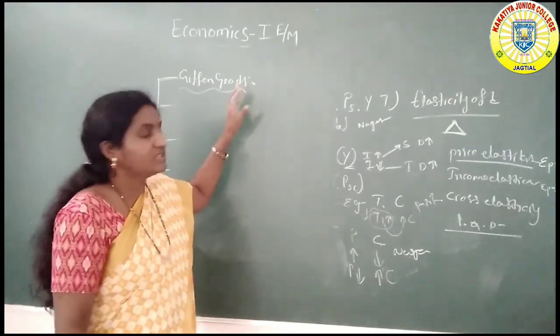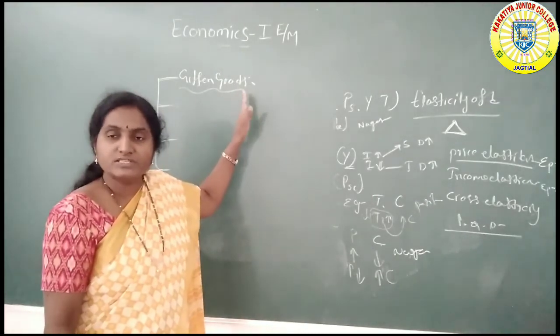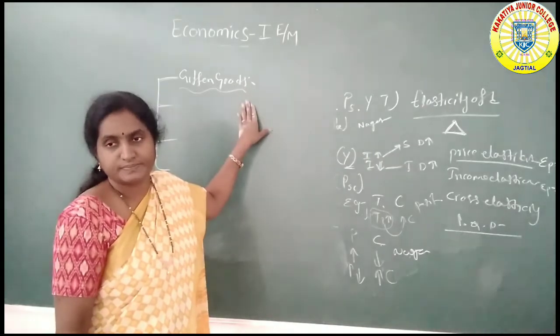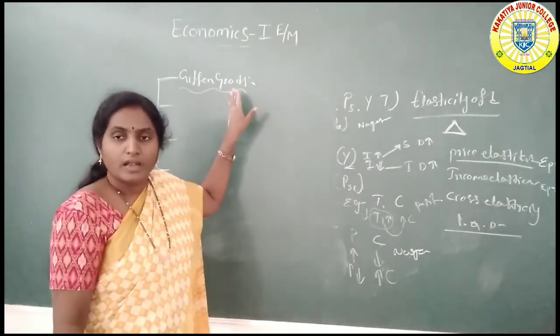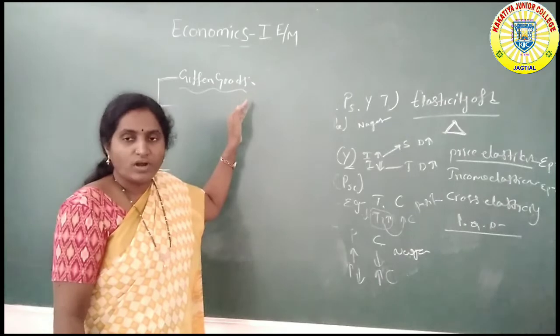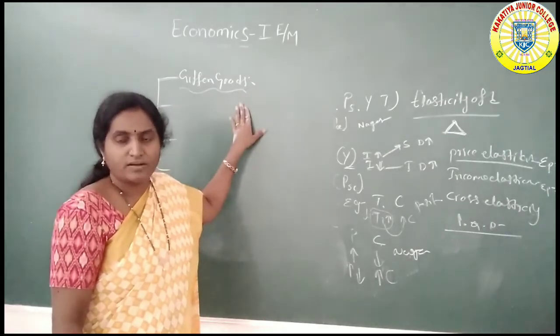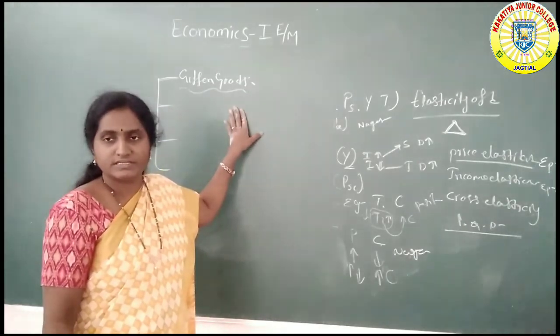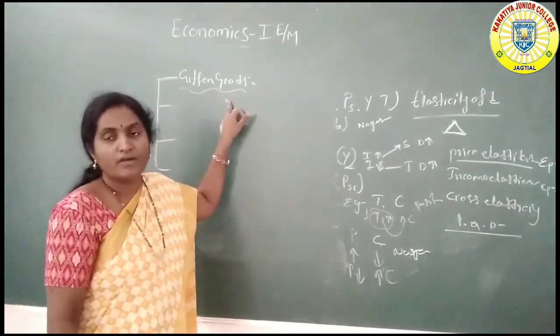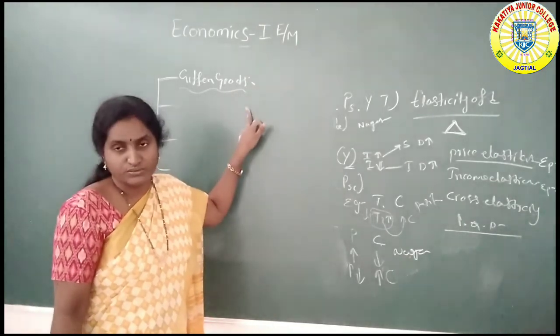In the case of these goods, when the price increases in the market, the demand, how much they want and purchase, does not decrease. This is an exception to the law of demand in the case of Giffen goods.